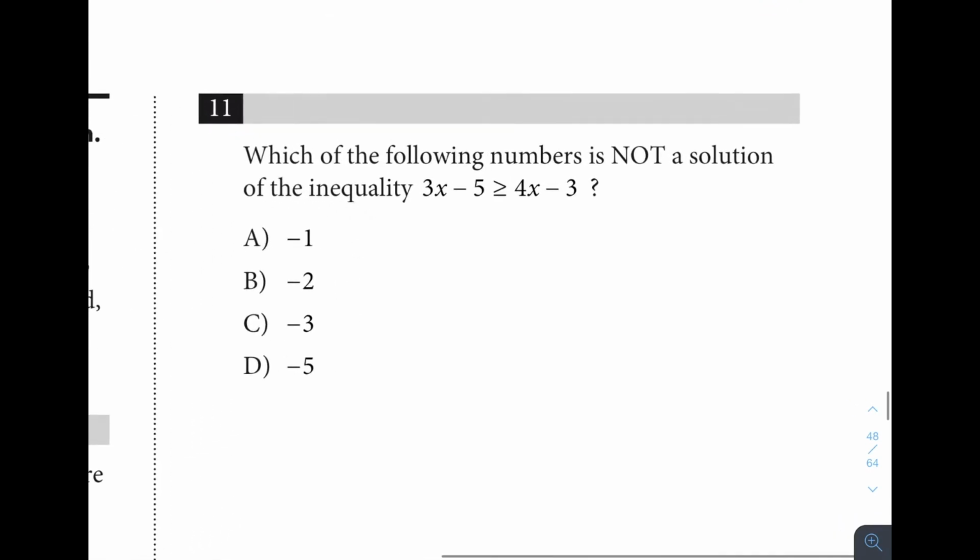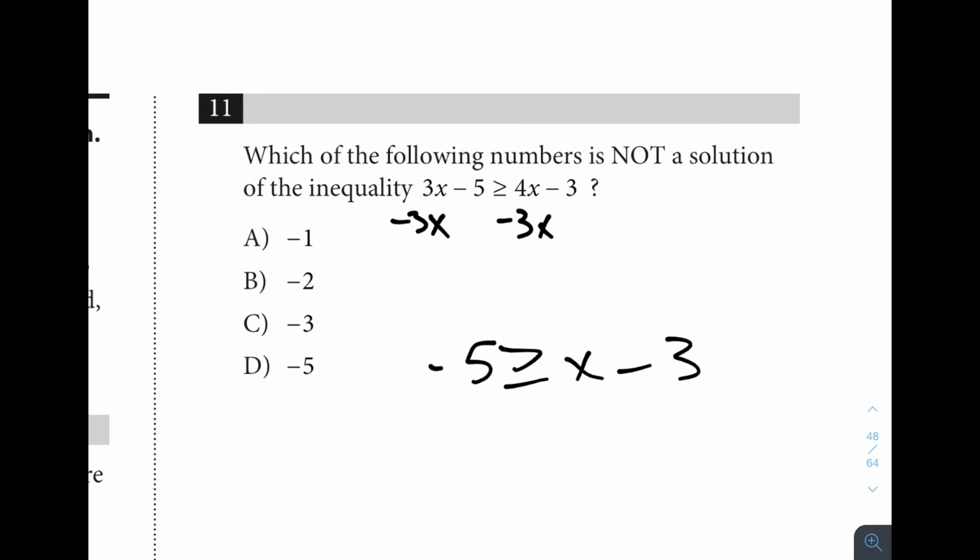Question 11 is asking which of the following numbers is not a solution of the inequality. So for this, we'll first subtract 3x from both sides. So we have negative 5 is greater than or equal to x minus 3, and then we can just add the 3 to the other side.